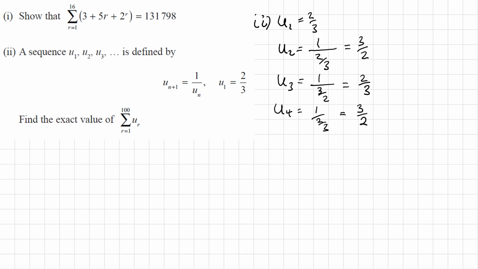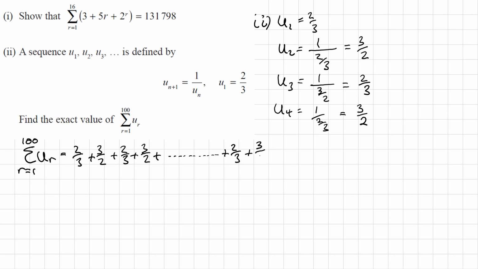So the sum of these 100 terms, ur, is going to be 2/3 plus 3 over 2 plus 2/3 plus 3 over 2, and so on. The last term is going to be 3 over 2.